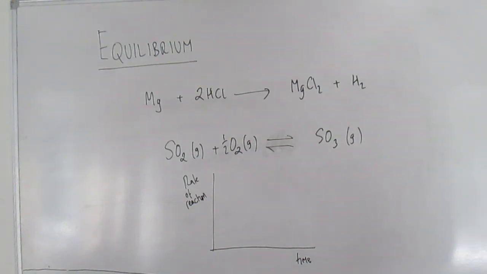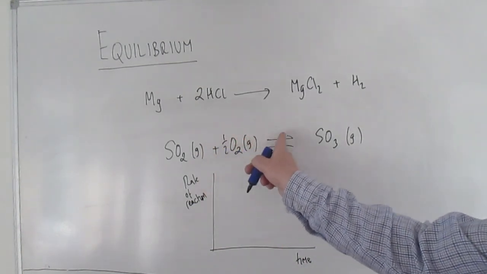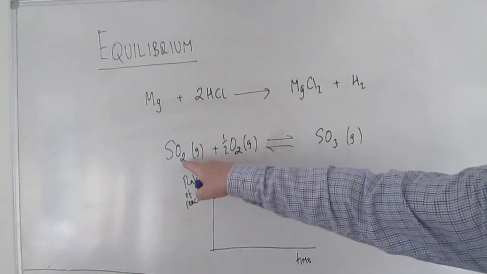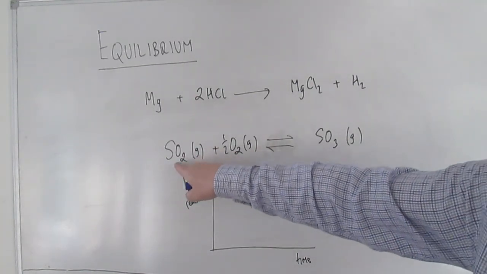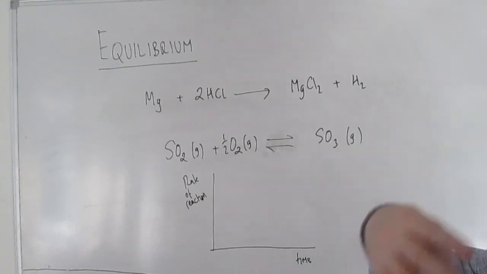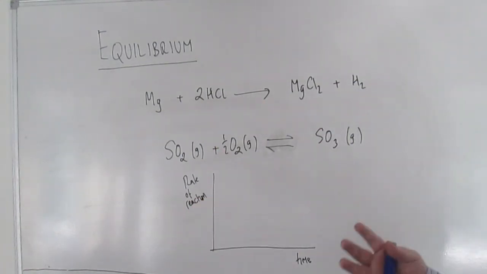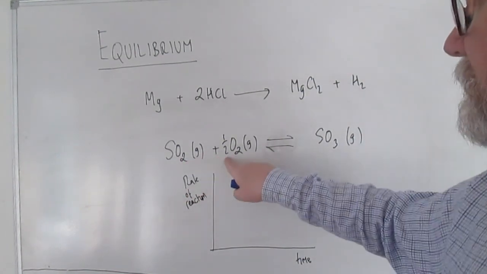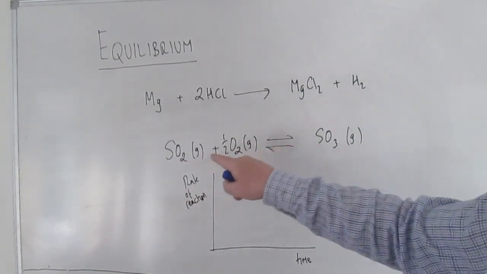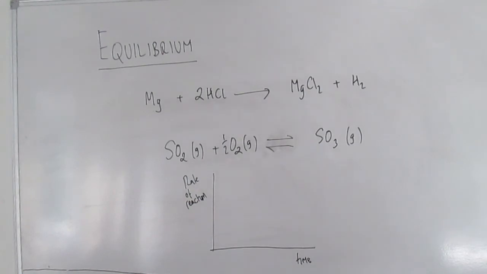Okay, so that means that if we look first of all at the rate of the forward reaction, it's going to have a high rate to start with because we've got lots of these. Remember, the higher the concentration, the higher the probability of collisions occurring, so the faster the rate. So at the beginning, if we've got lots of this and none of that, then the forward reaction is going to have a high rate.